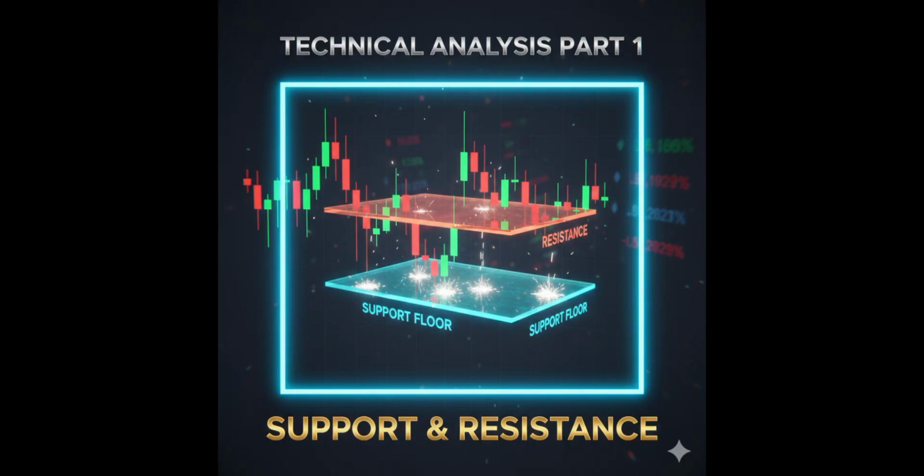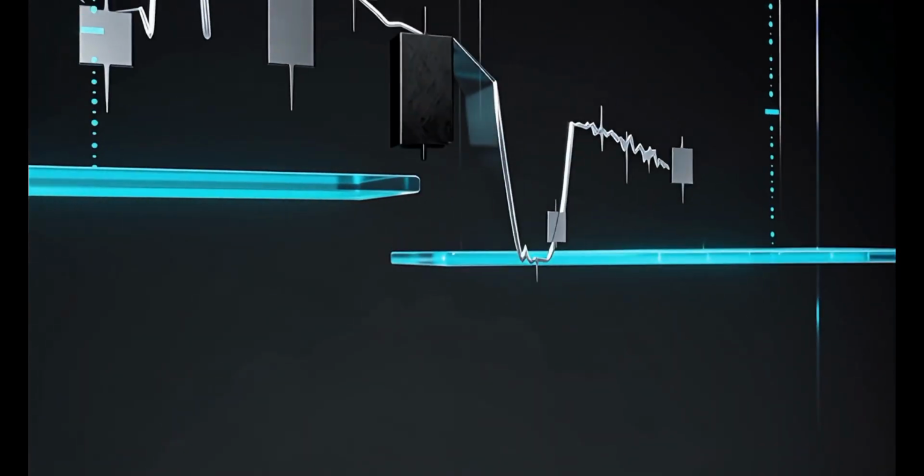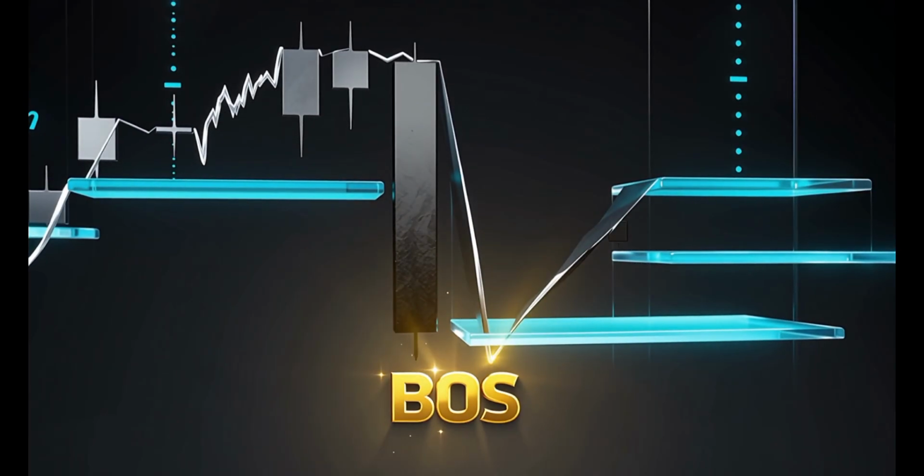It's where price struggles to rise above because sellers think it's expensive and start dumping their positions. But here is the secret the pros use: role reversal. Once a ceiling is broken, it often becomes the new floor. This is a break and retest. If you see price break through resistance, wait for it to come back and test that level as support. That is one of the highest probability entries in the game.